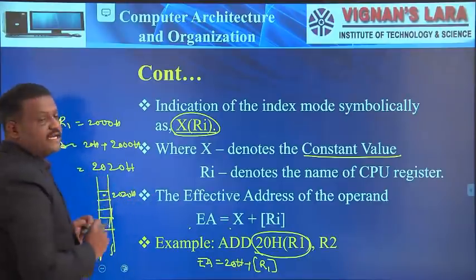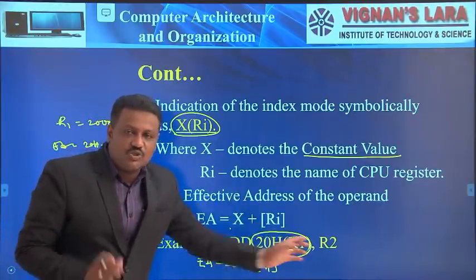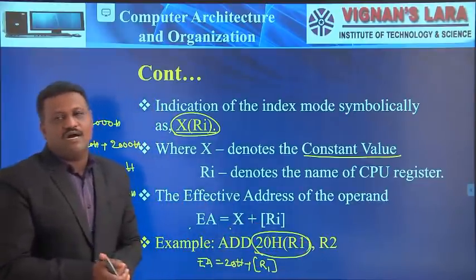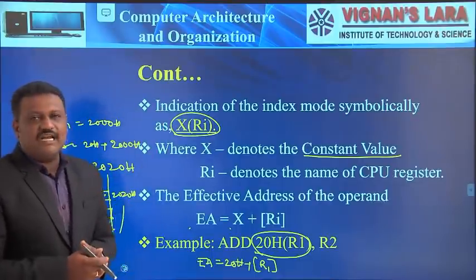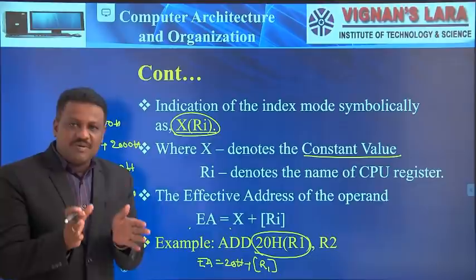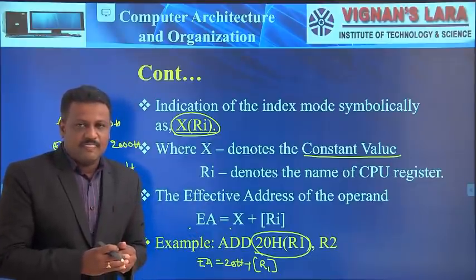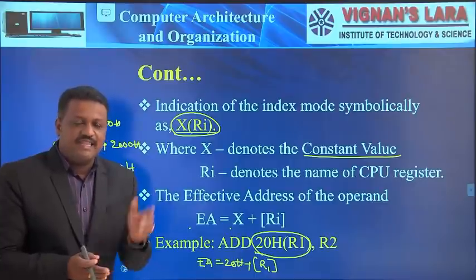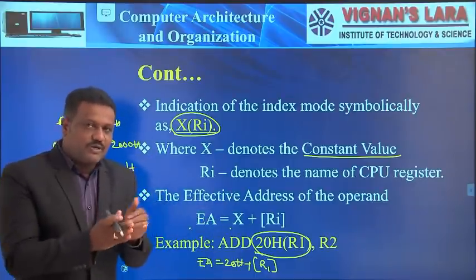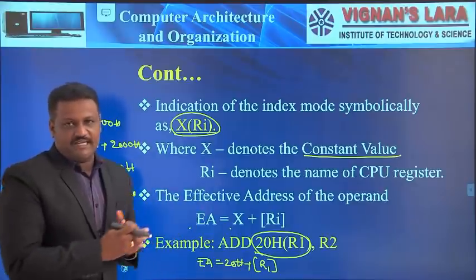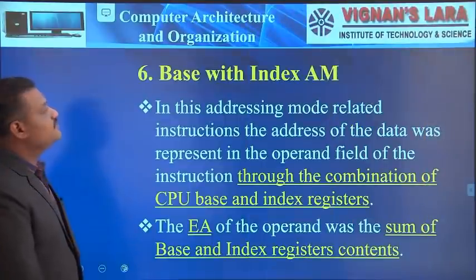That location's data is added with the content of CPU register R2, and the result is again stored in R2 itself. I hope you understand what the indexed addressing mode is. You remember, in indexed addressing mode instructions, the address of the data was represented in the instruction operand field through the combination of a CPU register and a constant value.